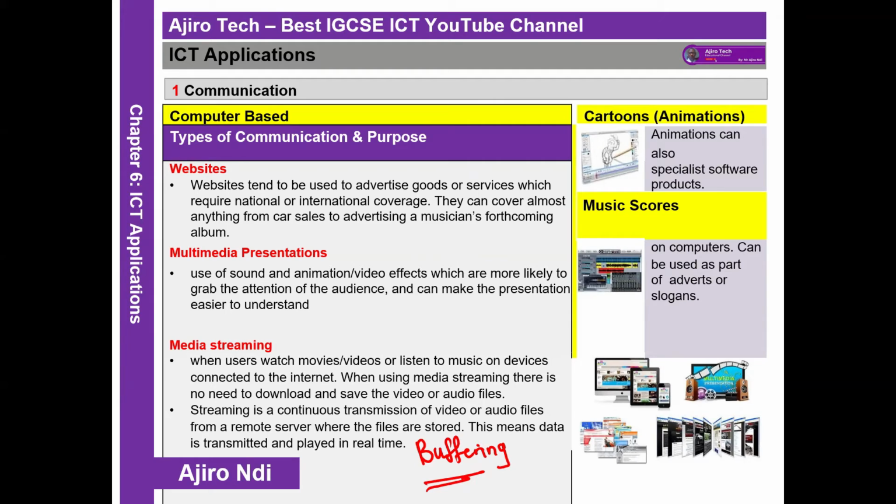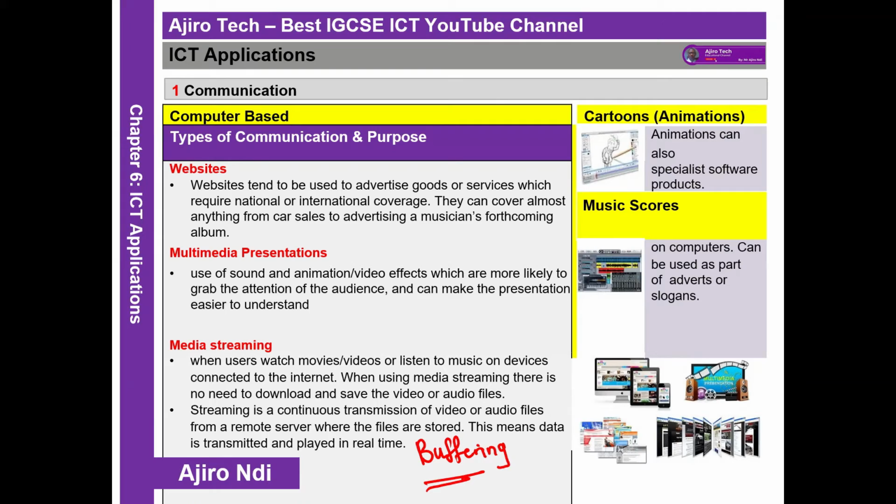Now, what do I mean? If you're watching a movie, and you're very good at watching movies, like your very self, you probably notice that when you're streaming a movie, it kind of downloads, right?